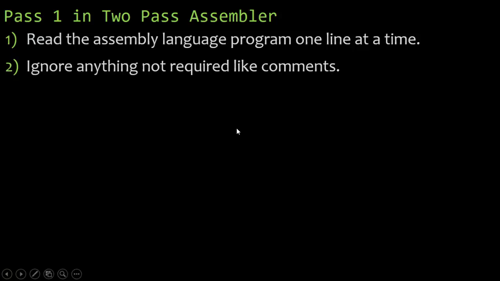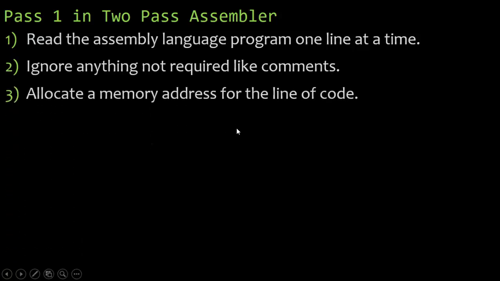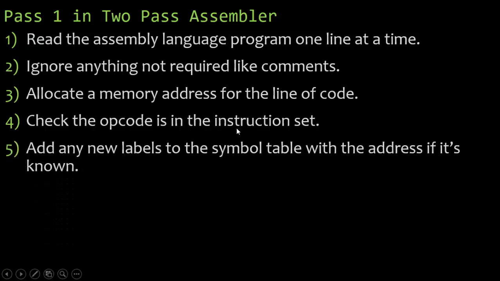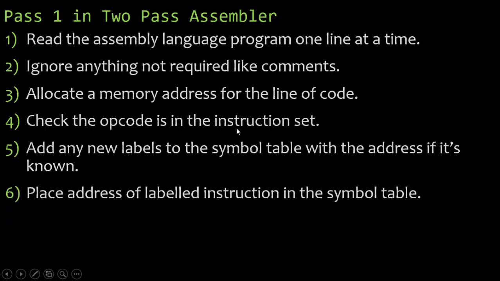We allocate a memory address for the line of code we are on. We check the opcode, making sure it's in the instruction set and that we're using opcodes that actually exist. Then we add any new labels to the symbol table with the address if it is known, placing the address of the labeled instruction into the symbol table.